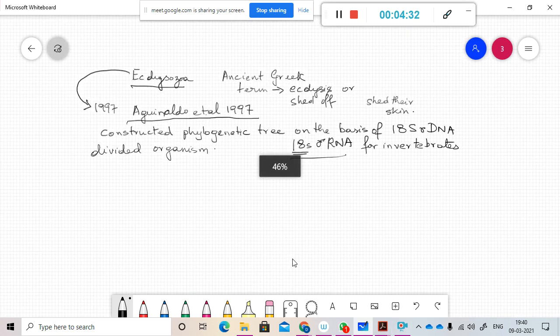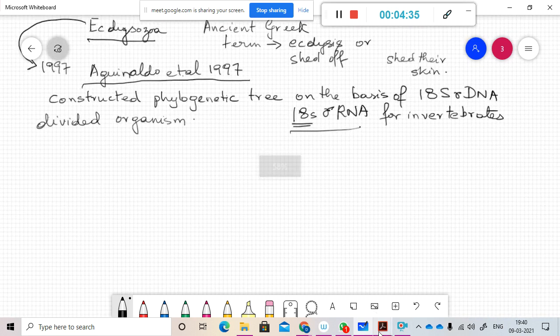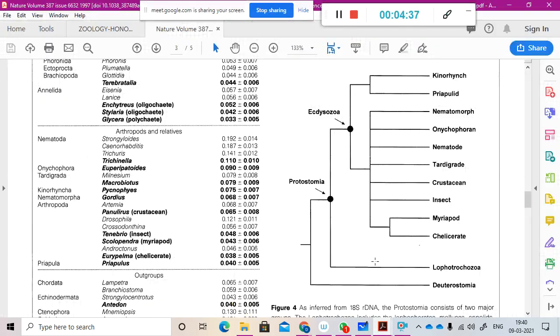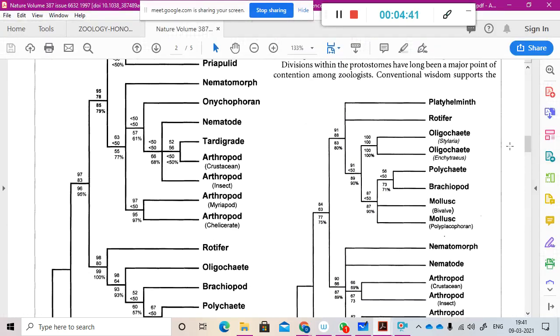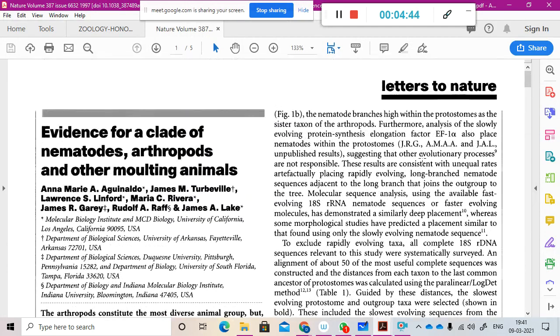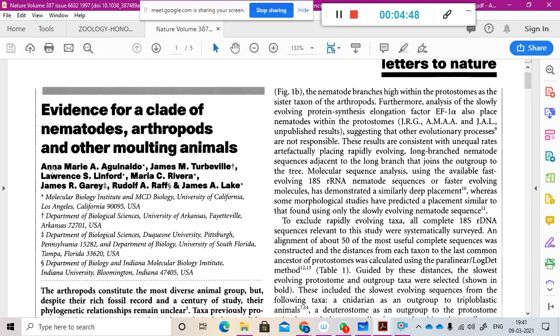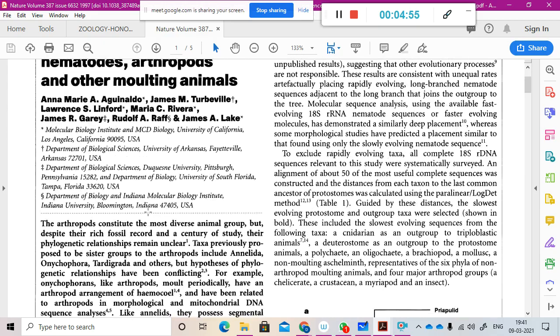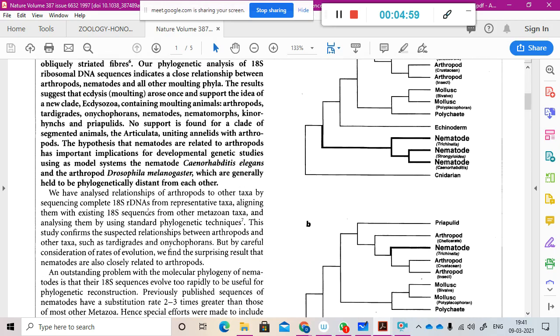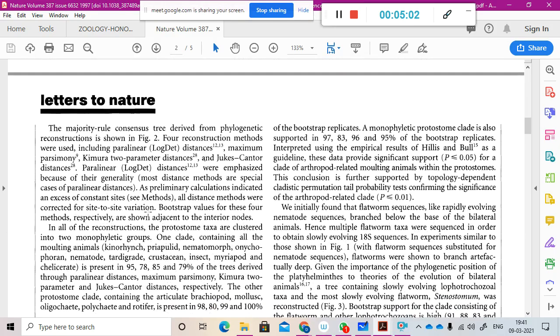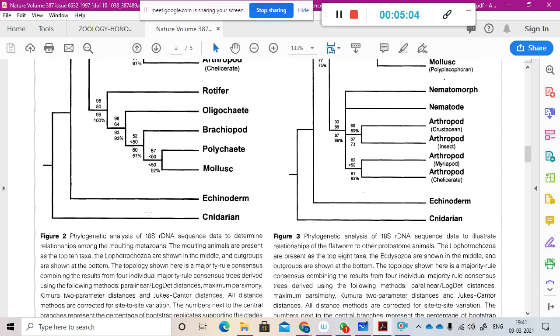So let us have a look at the original paper in Nature. As you can see in Letters to Nature, Ana Marie A. Aguinaldo, then others, James A. Lake in California in 1997. In this original paper, they gave this term Ecdysozoa for the first time in 1997.